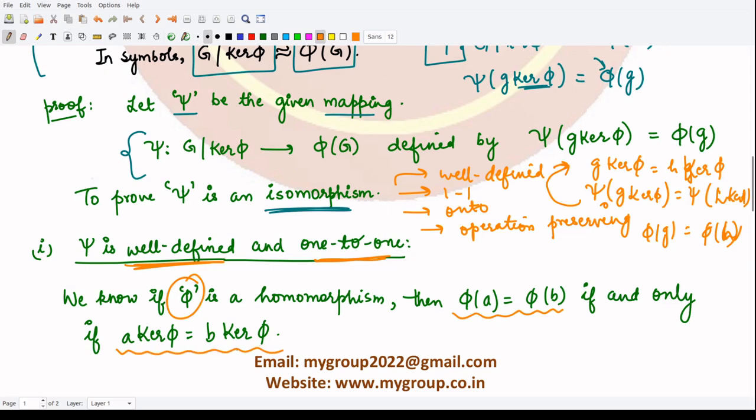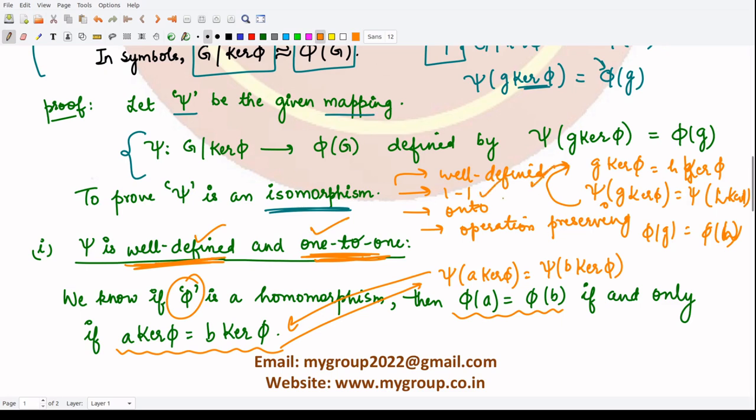By the definition, this is psi of A kernel phi equal to psi of B kernel phi. So psi of A kernel phi equals psi of B kernel phi when phi of A equals phi of B, and that holds when A kernel phi equals B kernel phi. So we have both properties, well defined and one-to-one, valid by this result.